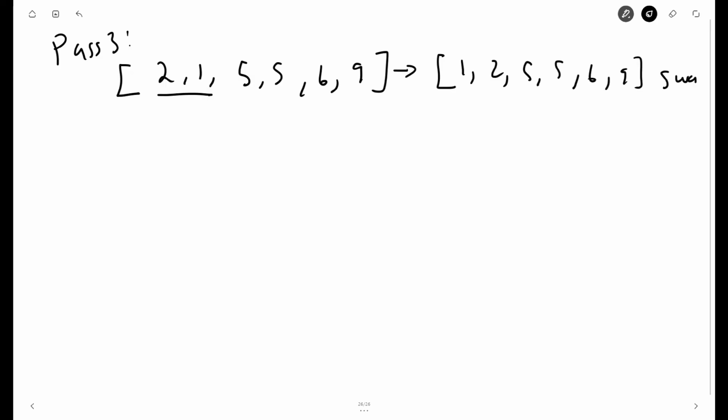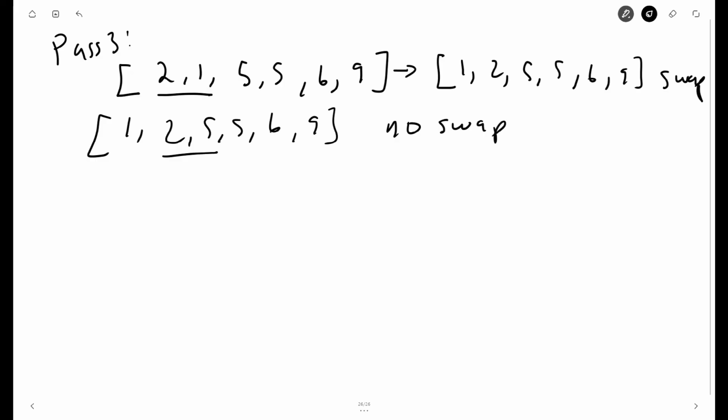So we did a swap. Now 2 and 5, no swap. Now 5 and 5, no swap.